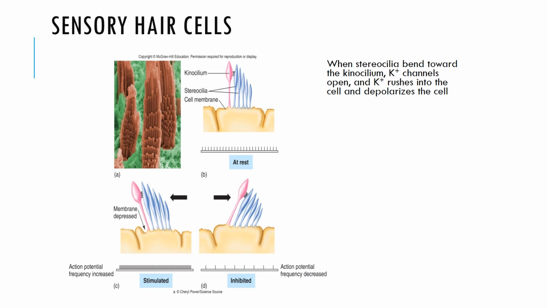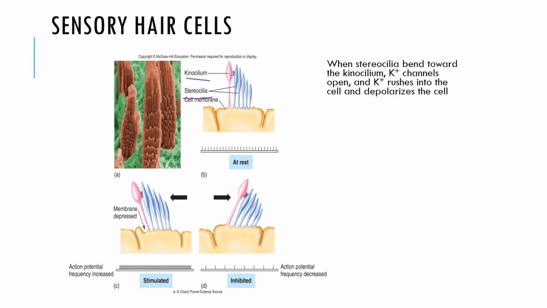Once these hair cells are stimulated, the stereocilia are going to bend toward the kinocilium. And so here in this picture, we have the kinocilium and then the stereocilia. These are going to be connected by these little tiny strands called tip links, and they're just small protein strands.